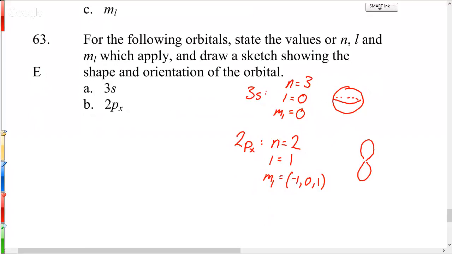It's on the x-axis. So we can pick our axes however we want. I would just say that this is x, and this is y, and that's z, right? Does that fit the right-hand rule? Yeah, I think so. And then that makes it a px orbital.